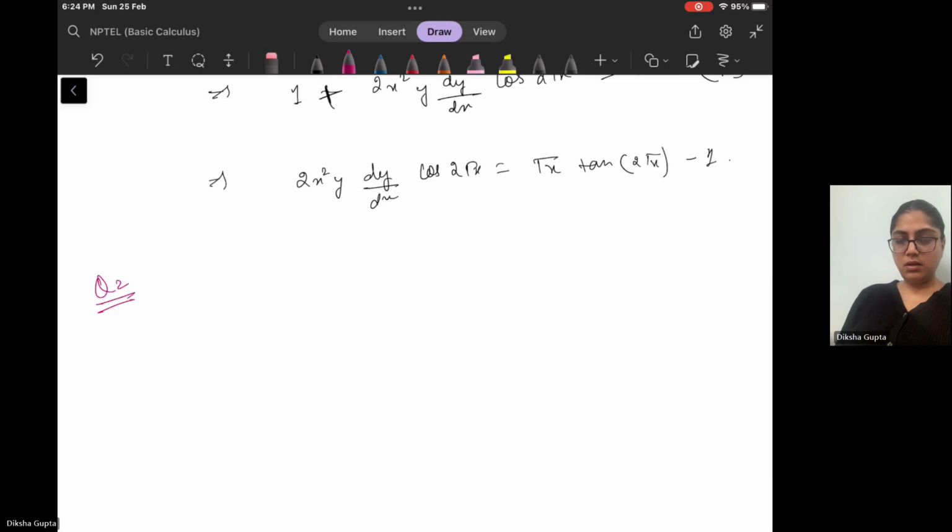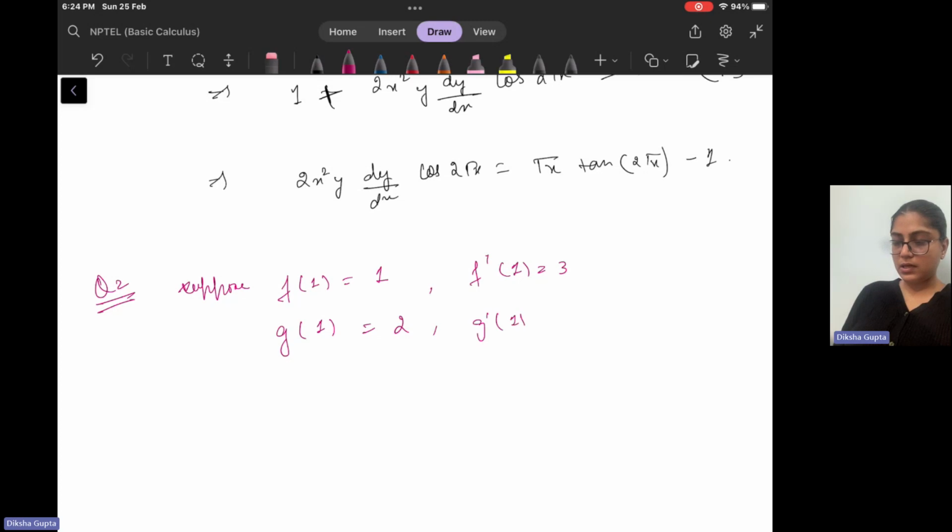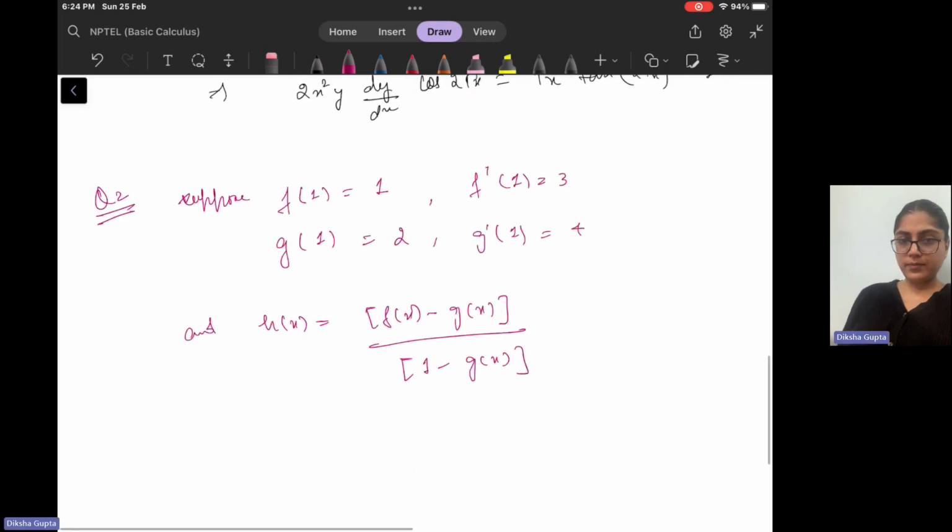Next question. Suppose f(1) is 1, g(1) is 2, f'(1) is 3, g'(1) is 4, and h(x) is (f(x) minus g(x)) upon (1 minus g(x)).